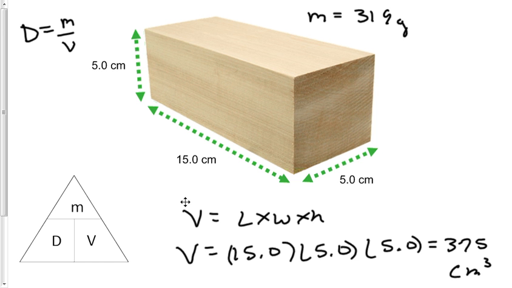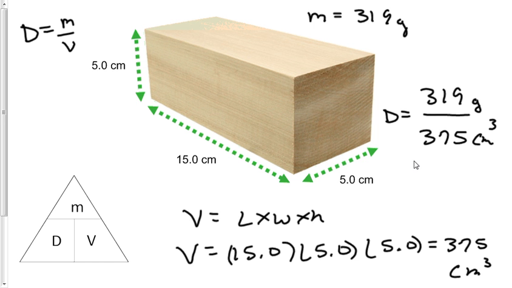I'm going to calculate density. And one more time, let me cover this over. Density is covered. Therefore, it should be mass divided by volume. And here's my mass, and there's my volume. So density would then be 319 grams divided by 375 centimeters cubed.